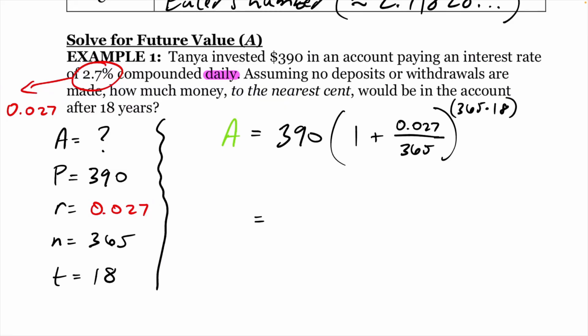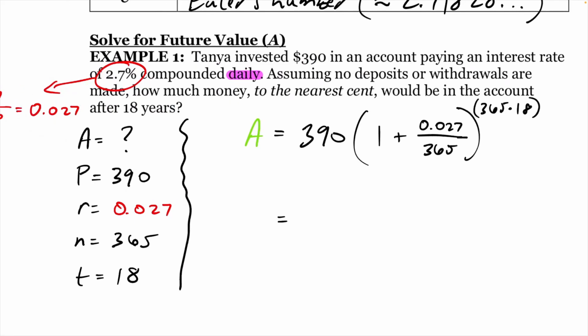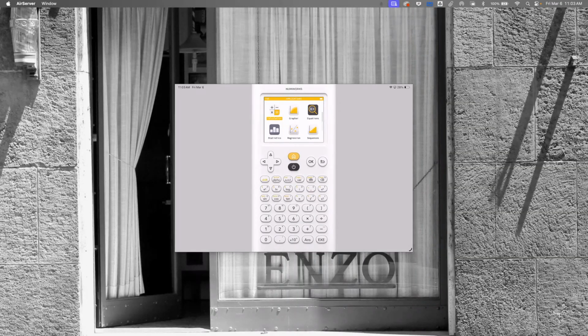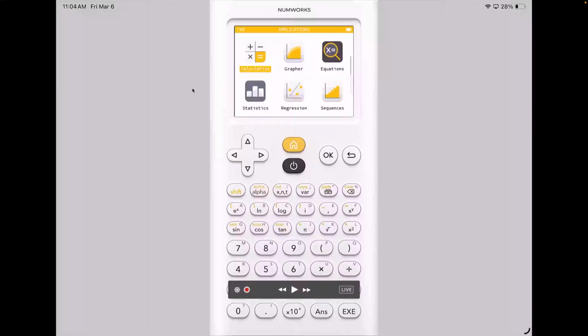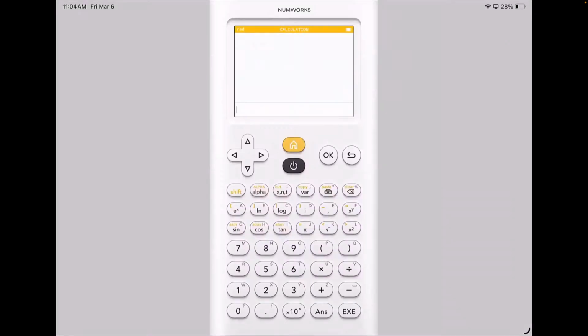Your calculator is going to come in very handy today. We're going to use our calculator for every problem because that is a calculator problem. Okay, so go to your calculator and we'll plug this in. I'll show you where these buttons are if you don't know. So go to calculation.